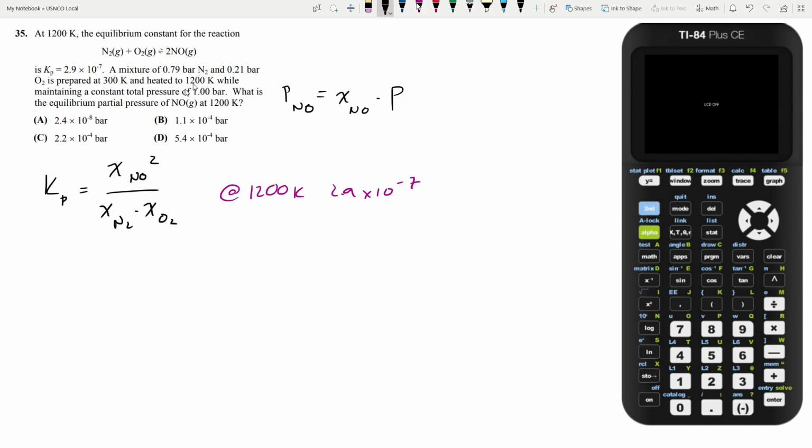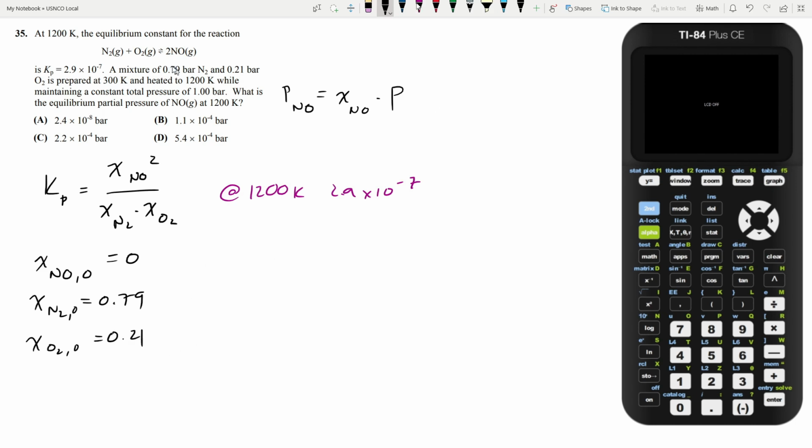This is pretty helpful because we know that your pressure is proportional to the number of moles. So we can essentially say that our initial mole fraction of NO is going to be 0. We can say that the initial mole fraction of N2 is 0.79 and the initial mole fraction of O2 is going to be 0.21.